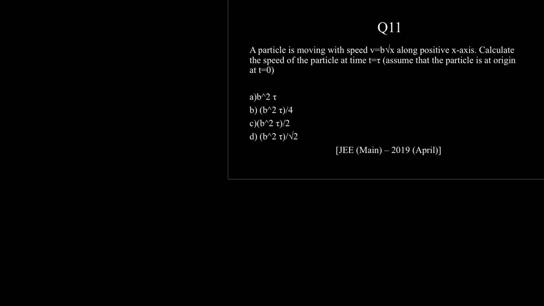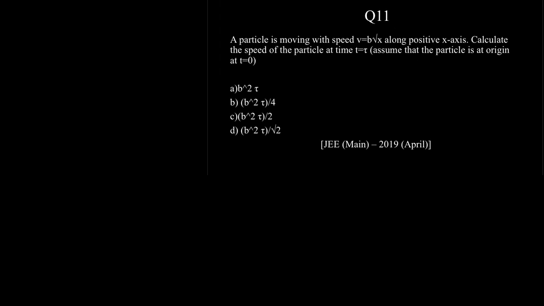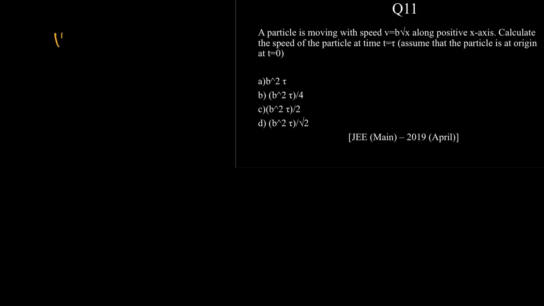So let us start by writing what is given to us. The question says that v is equal to b root x. This is purely an application of differentiation and integration. What is v? V is dx by dt. So this is equal to b root x.